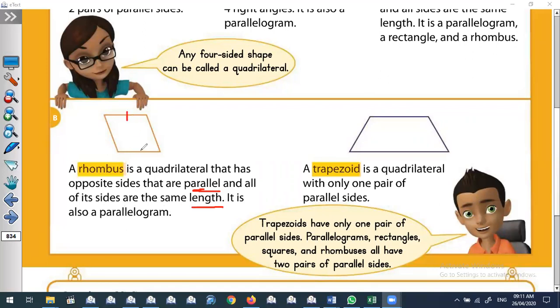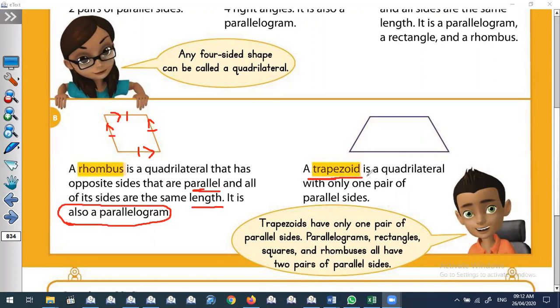This side equals this side, equals this side, equals this side, and each opposite sides are parallel. It is also a parallelogram. I can say the rhombus is a parallelogram. So all quadrilaterals are parallelograms except this one, trapezoid.